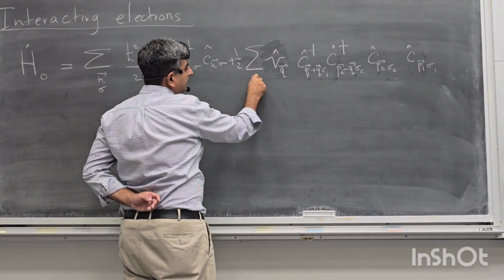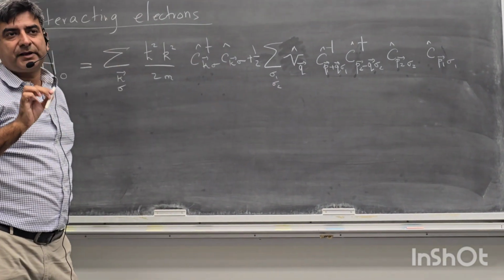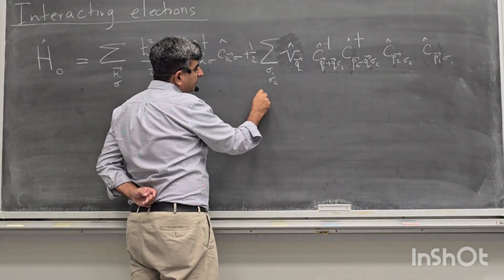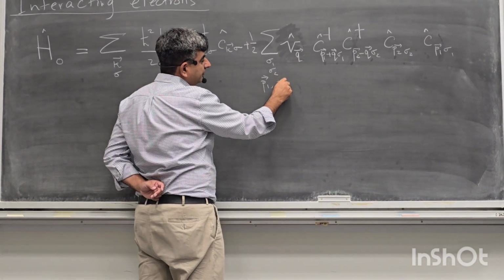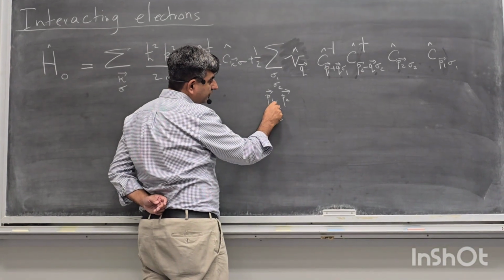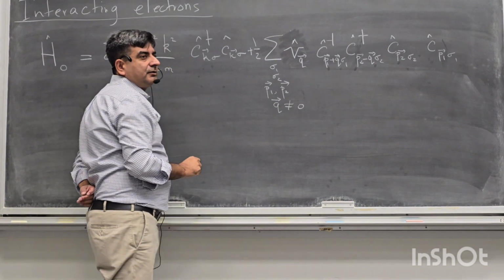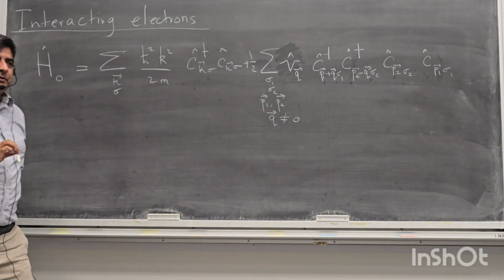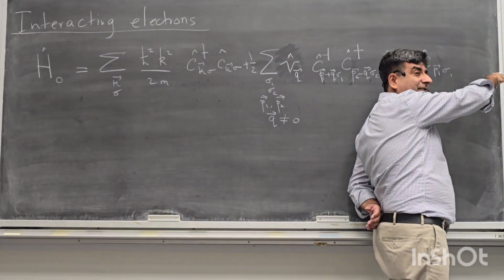You sum up over both the spin σ1 and σ2. Each one of them could be plus 1 or minus 1, up or down. You then sum up over all the p1s and all the p2s, and you sum up over all the Qs, but you do not include 0, because the Q equals 0 term leads to a divergence, which was annulled by another term which we derived in the first class.